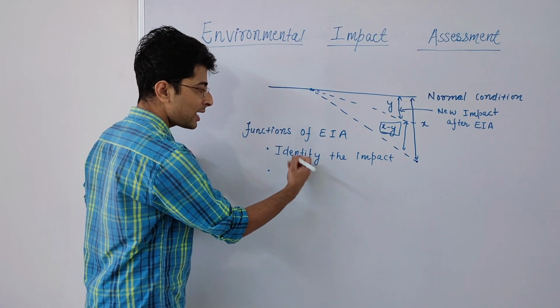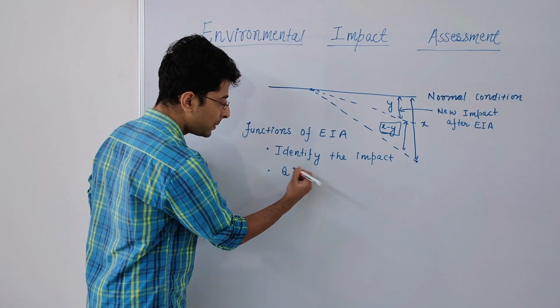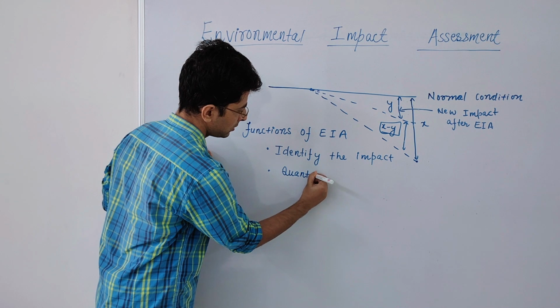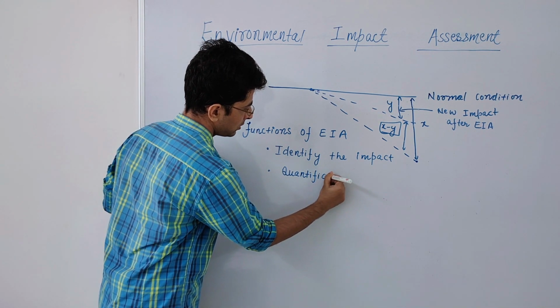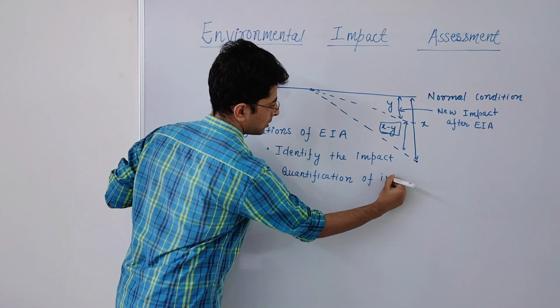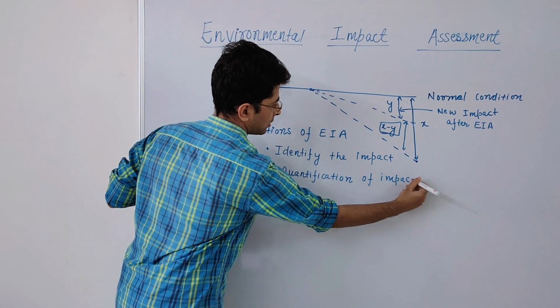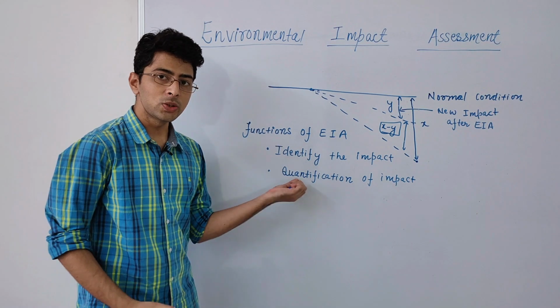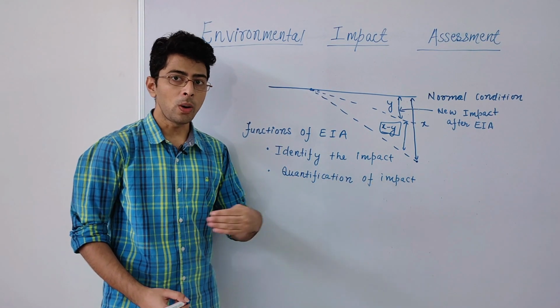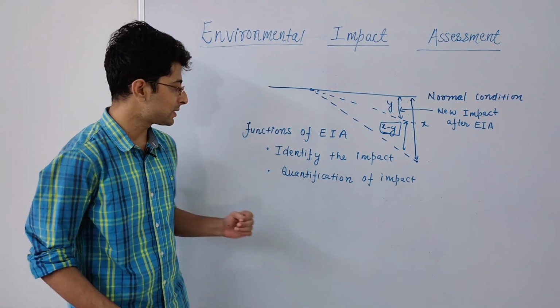So the first is identification, second is measurement and quantification, so this will help us to assess the degree of the impact, which will vary with all the different kinds of projects.